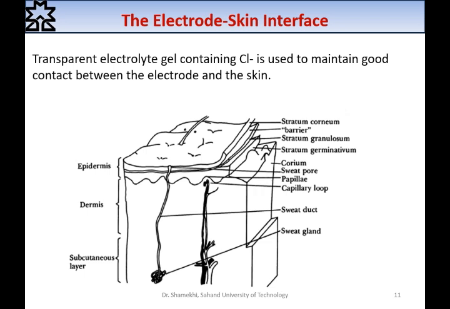As you can see in this slide, a typical anatomy of the skin has three main layers: the outer epidermis, the dermis, and the subcutaneous layer, the deepest layer of the skin.